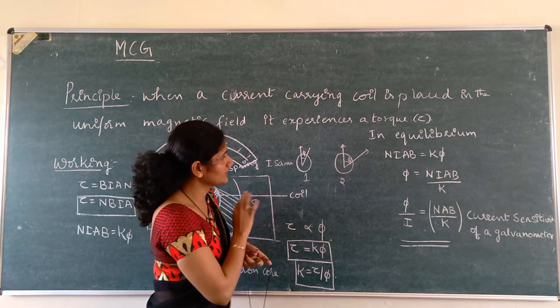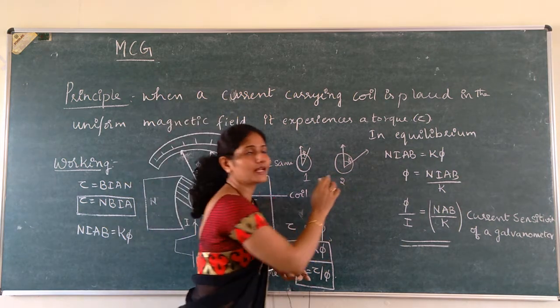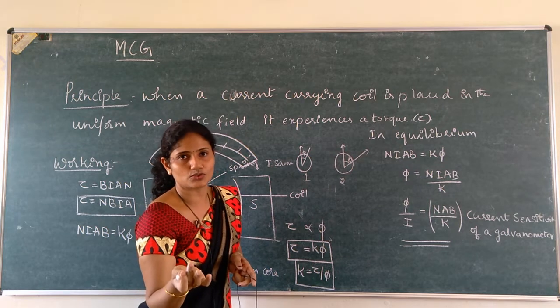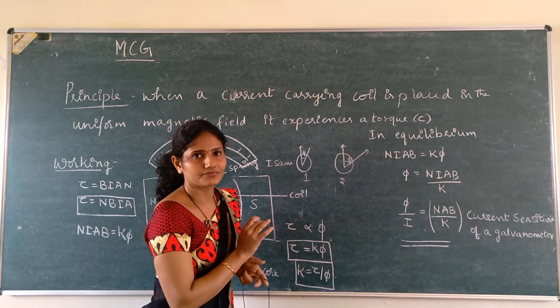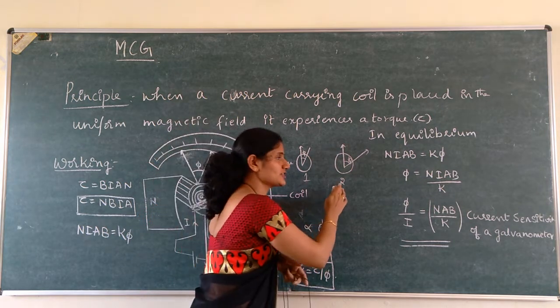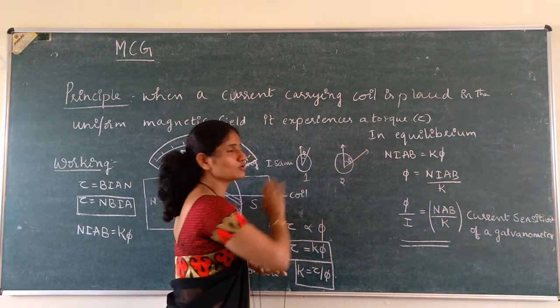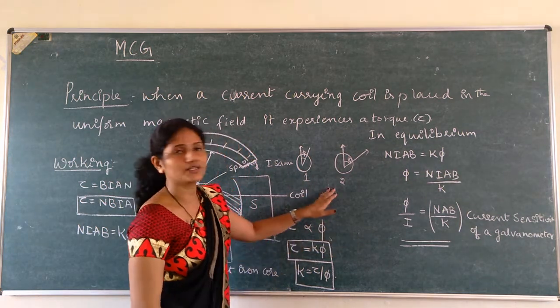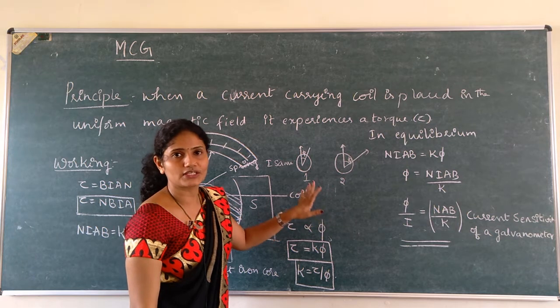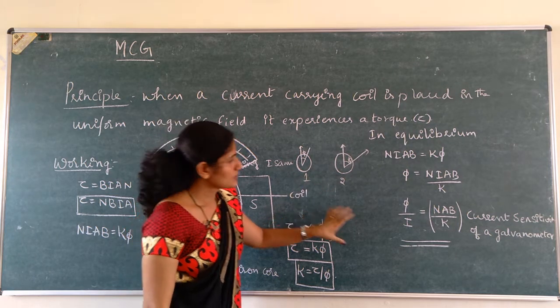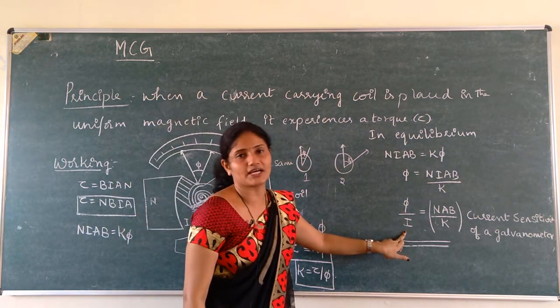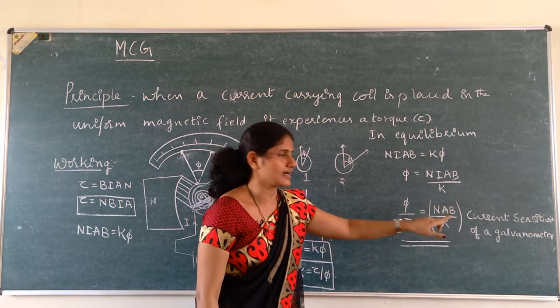So, here we can say that the second galvanometer is more sensitive to current, right? The second one is more sensitive compared to the first one. This is nothing but the current sensitivity of the given galvanometer. So, deflection per unit current is called current sensitivity.